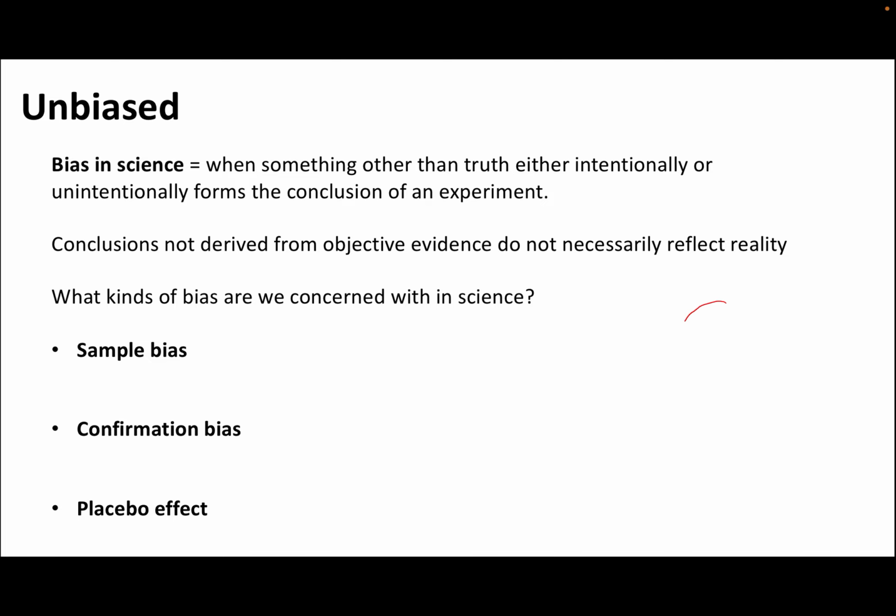So the population is all units that our research question would apply to. And then the sample is the small subset that we actually include in our study as subjects. So what sample bias is referring to is the sampling process.